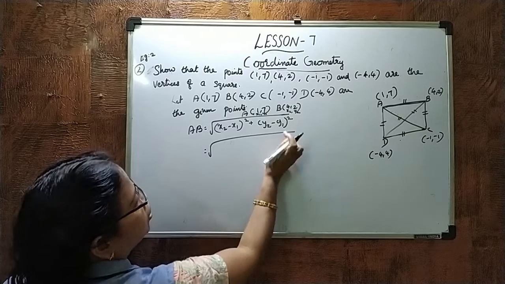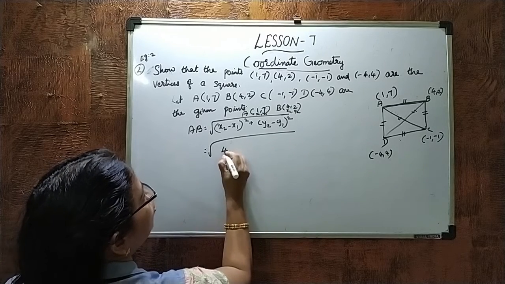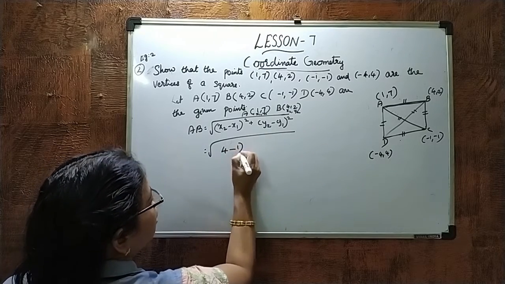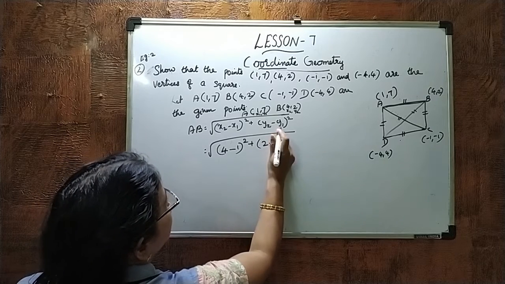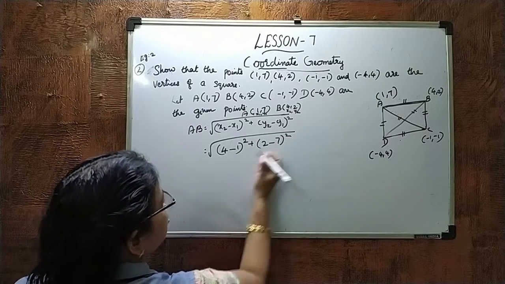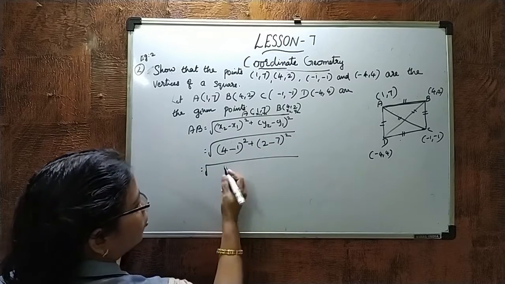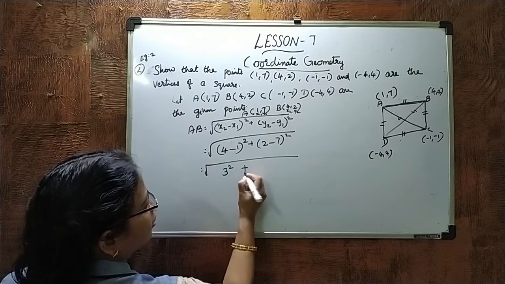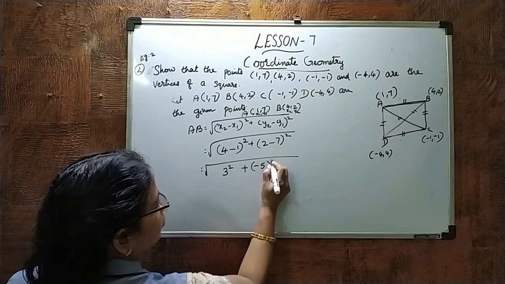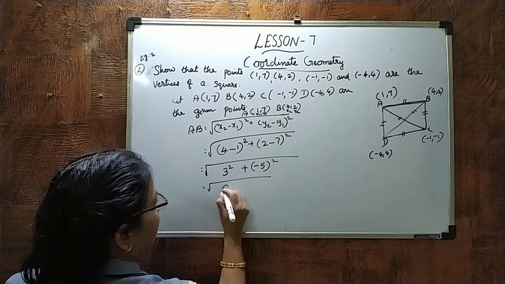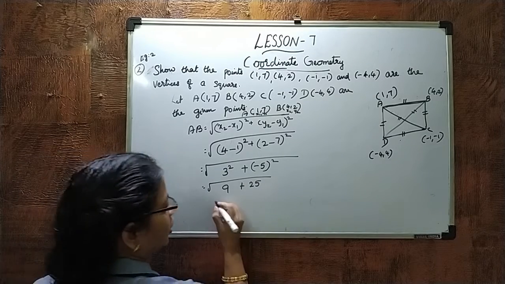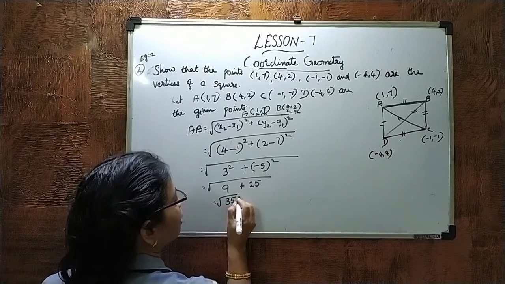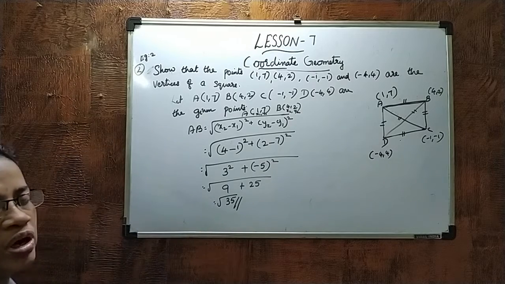AB equals root of (4 minus 1) the whole square plus (2 minus 7) the whole square, equals root of 3 square plus (-5) square. It will be 9 plus 25, right? So it will be root of 35 you will get. So AB you got like this.